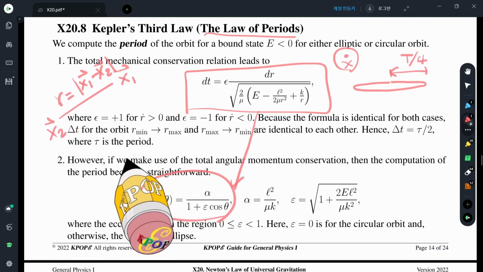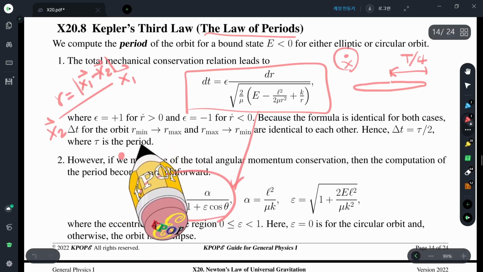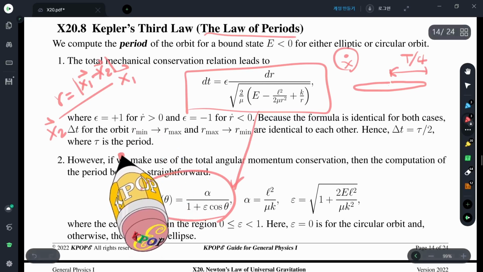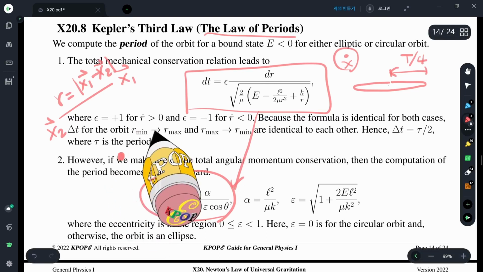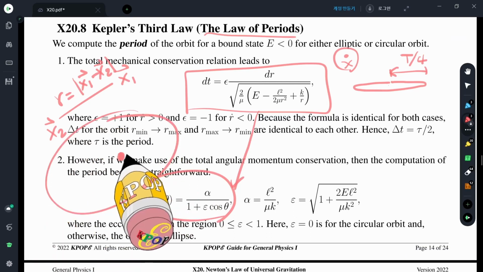Therefore, if, for example, an object is very heavy like the sun, and the other object is much lighter, so the sun is fixed at some point, they make an orbit.